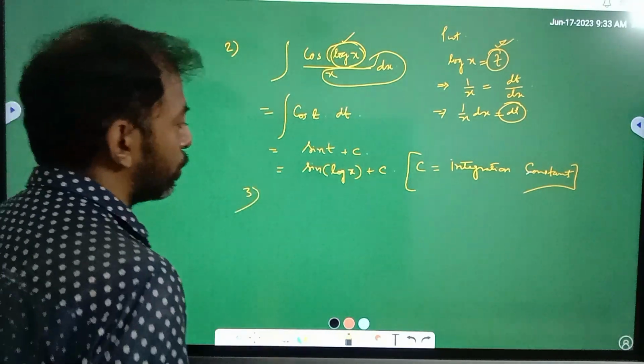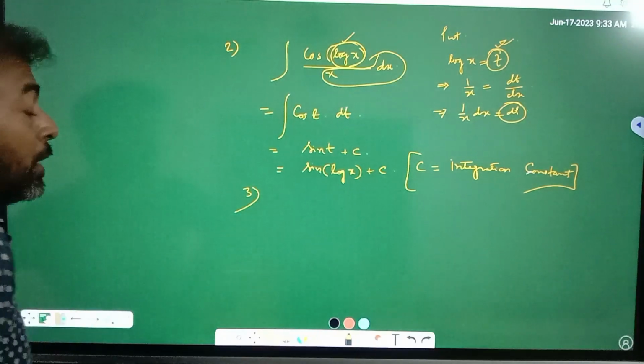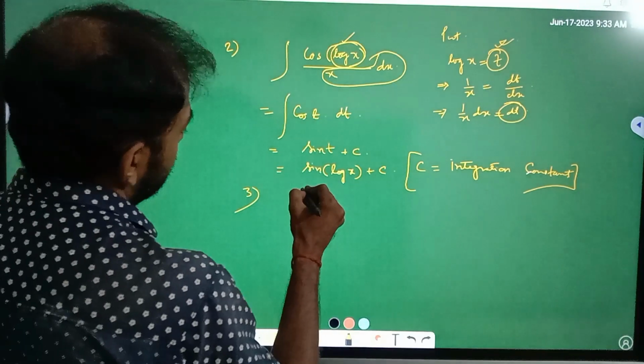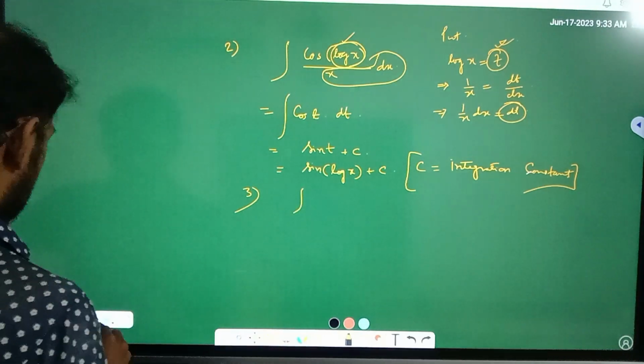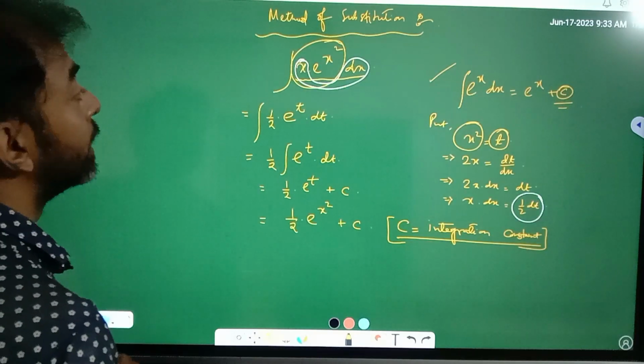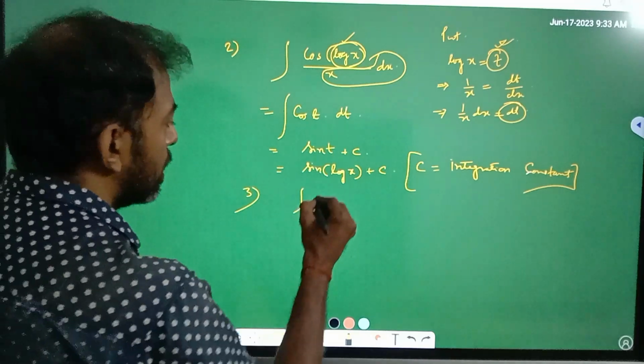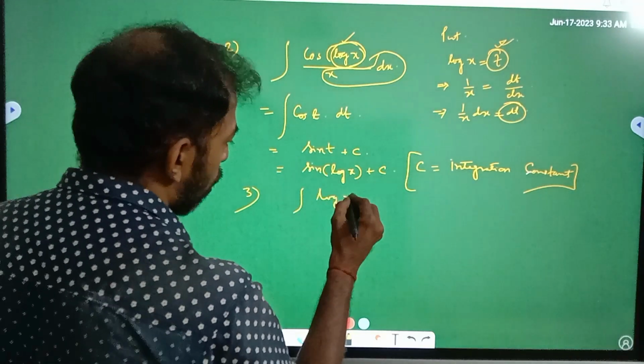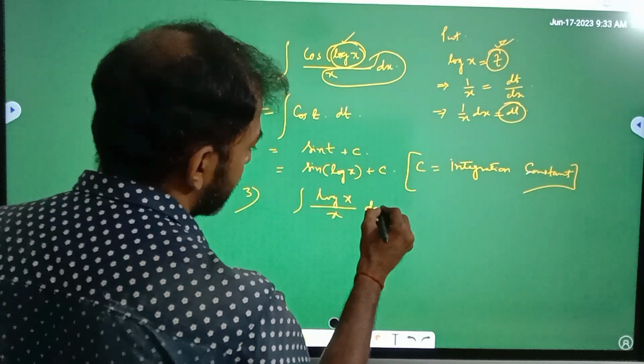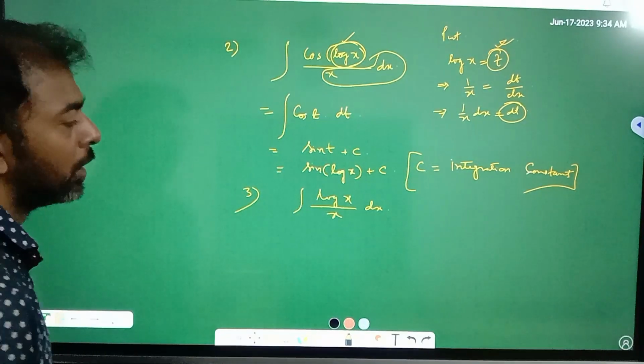Now we are going to discuss another example. The previous ones were x e to the power x squared and cos log x by x dx. Now we are considering just log x by x dx. Very easy integration.